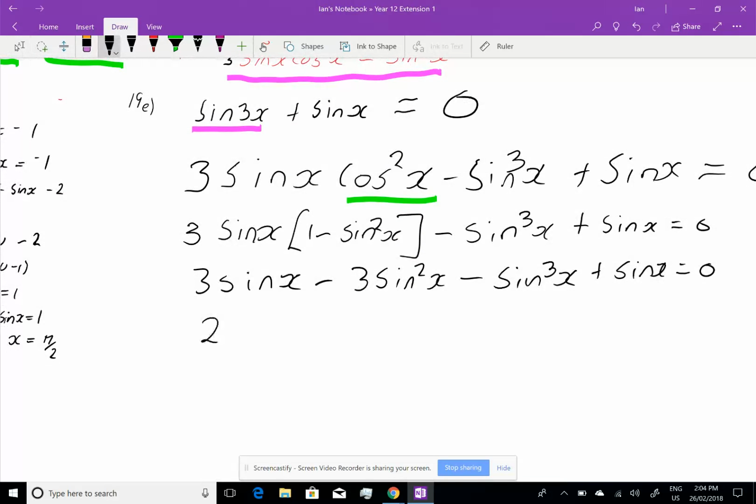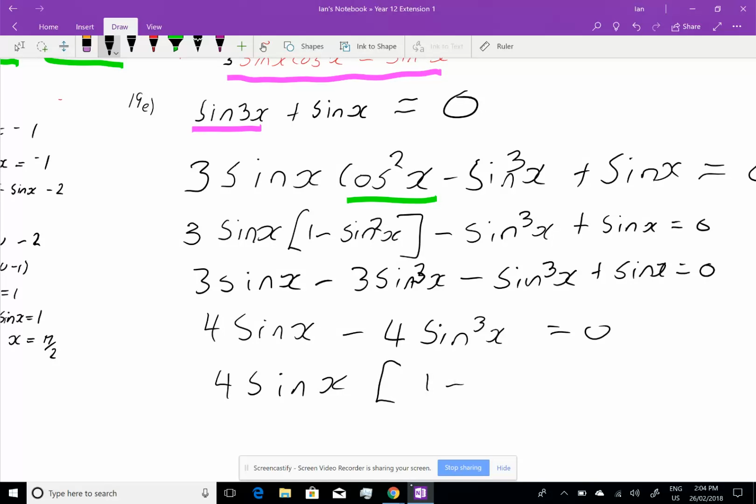So that'll give me 3 sine x plus sine x is 4 sine x, minus 4 sine cubed x equals 0. Now let's take 4 sine x out, and I get 1 minus sine squared x equals 0.